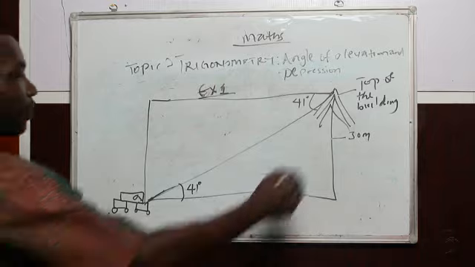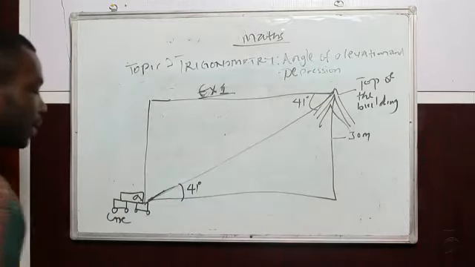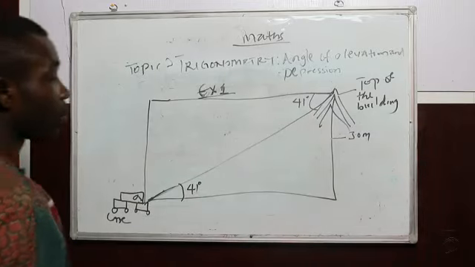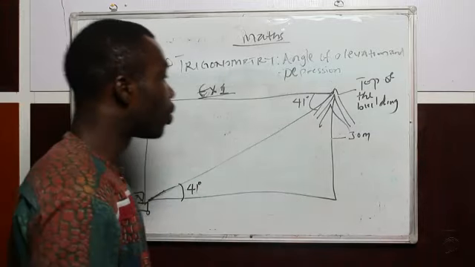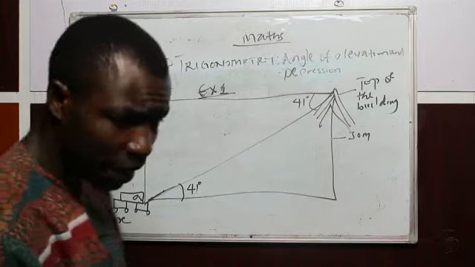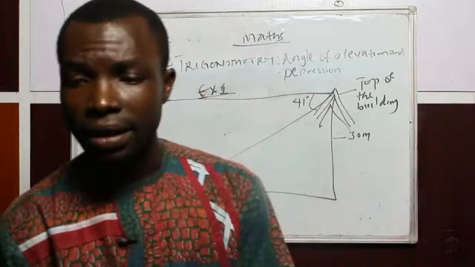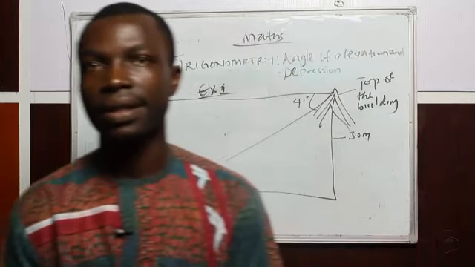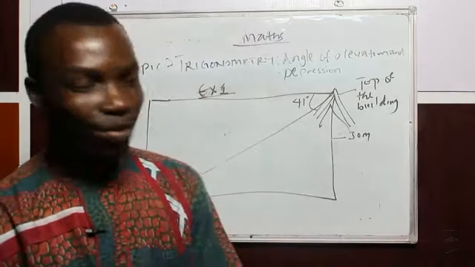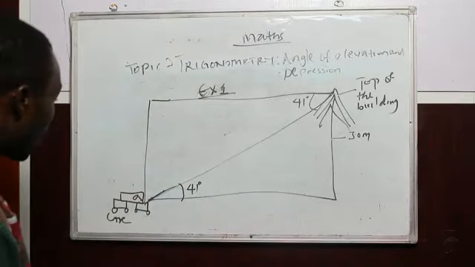It has been sighted from the top of the building to this car, at an alternating angle of 41 degrees at the height of 30 meters. Calculate the distance between the car and the top of the building.